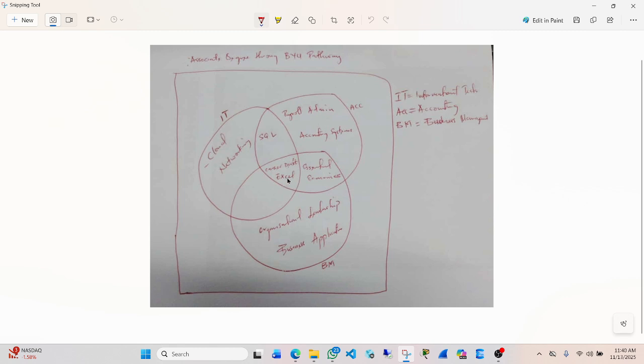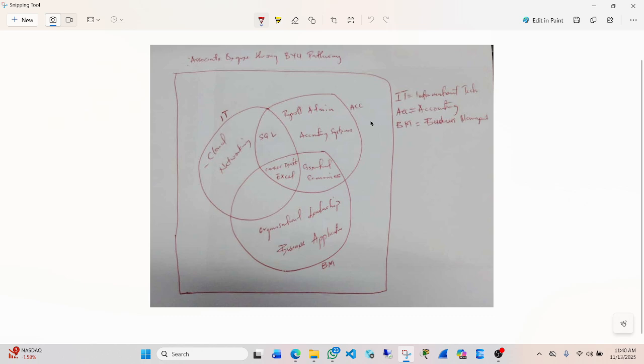With regards to this, I can do a union of IT and accounting. I'm going to include all the skills: cloud networking, SQL, career development, Excel, payroll, accounting systems, and essential economics. So that is it for union.